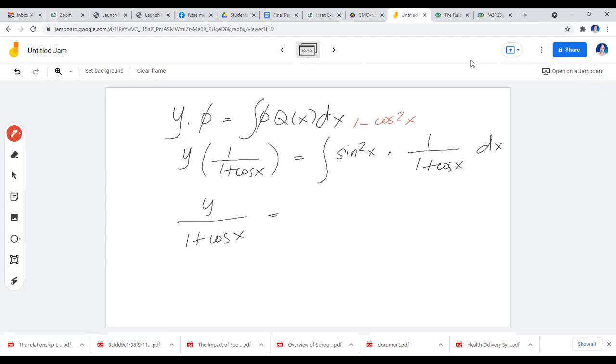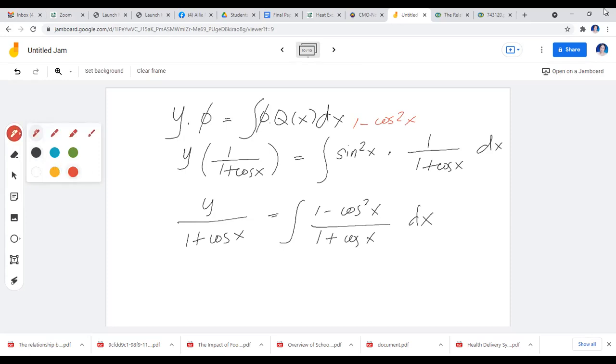So if you will substitute that in your integral, it would be 1 minus cosine squared of x over 1 plus cosine of x dx. Again, in here, you will use another identity. That way you can simplify your integral before you evaluate.